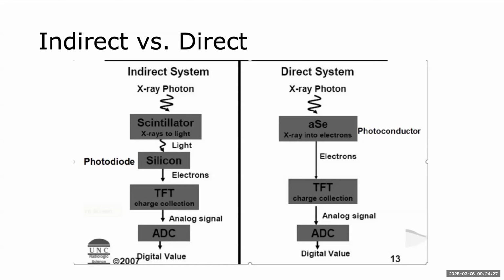Amorphous silicon is the photodiode. The photoconductor on the right is amorphous selenium, so those photons are converted directly into electrons, and then the process is the same. They're still collected by the TFT, and that analog signal is then converted to a digital value through some sort of analog to digital converter system.